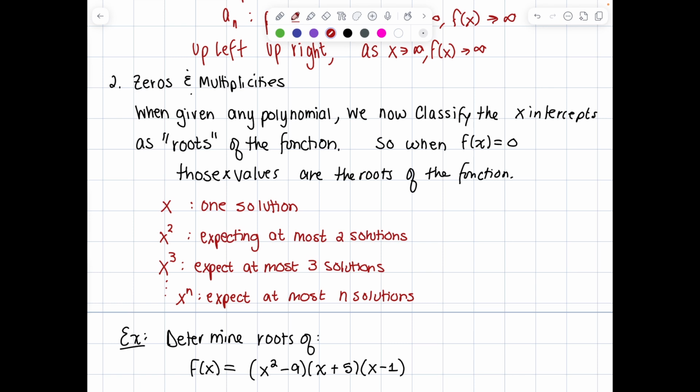There are fields dedicated to finding polynomial roots. We call it root finding. There are many, many theorems using the intermediate value theorem. There's Euler's and Newton's method, and that's probably one of the most famous methods of finding roots. There are whole semesters in graduate school dedicated to root finding, and there are degrees dedicated to it.